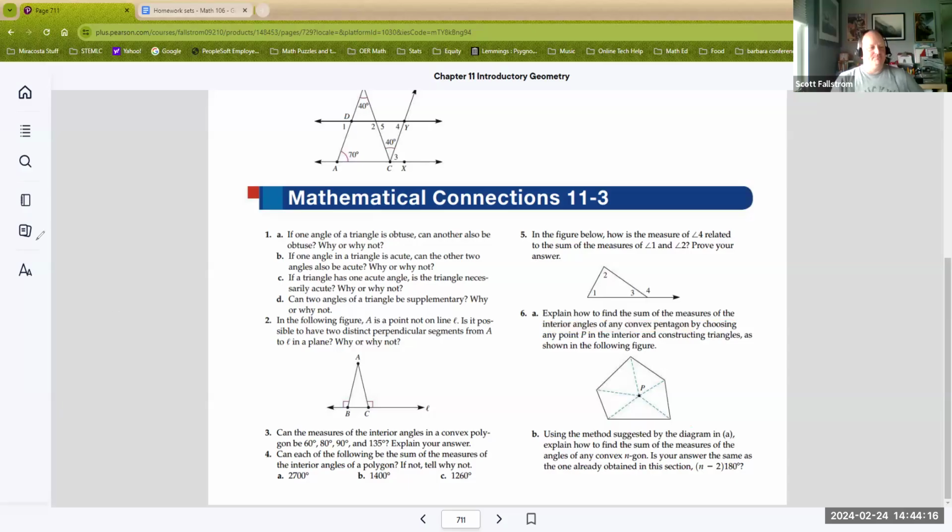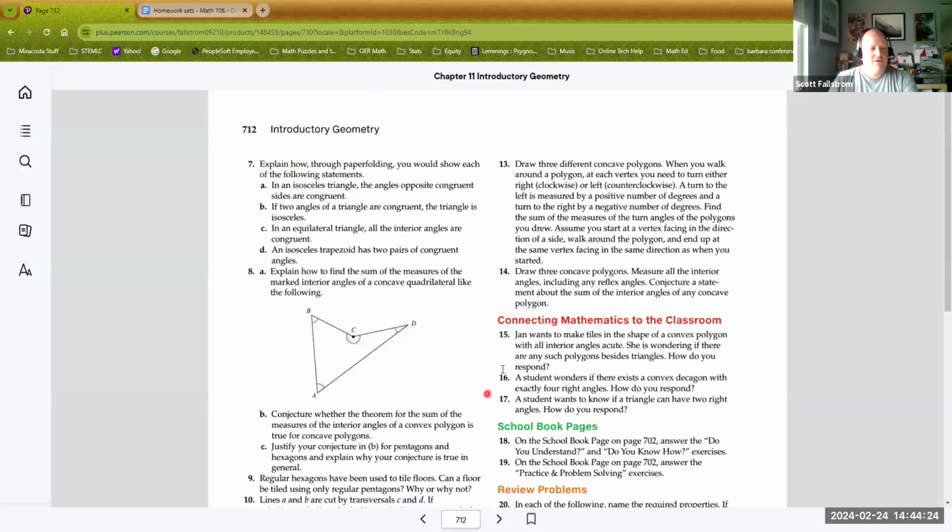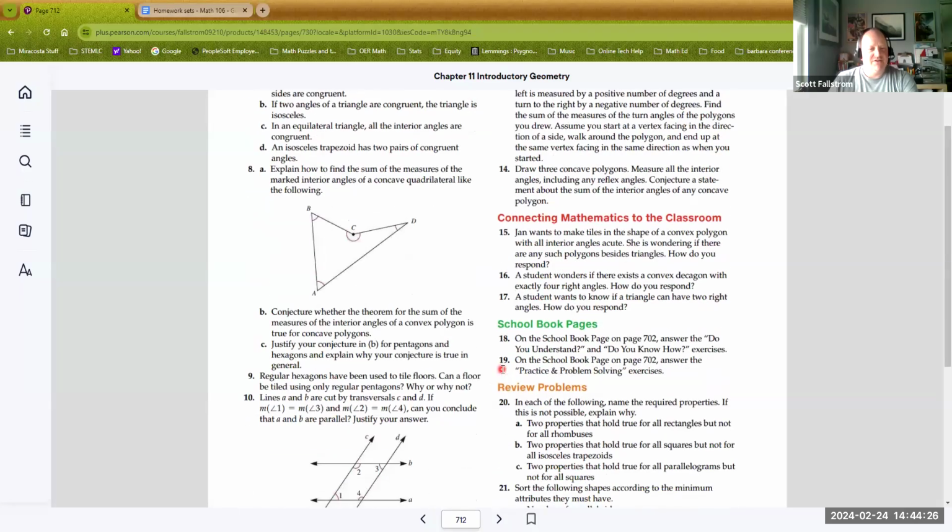Okay, let's see here. Number 6, number 8. Explain how to find the sum of the measures of the marked interior angles like the following. Okay, how do I find the sum of those? There you go. You can choose any method you want as your explanation, but the one that we just did on the previous problem is perfectly fine.